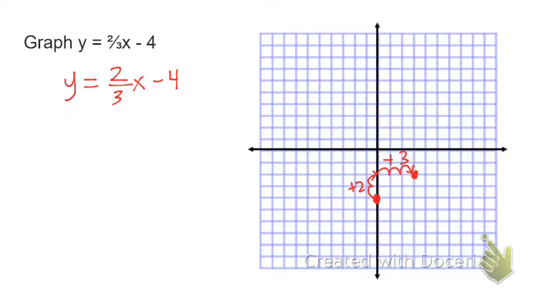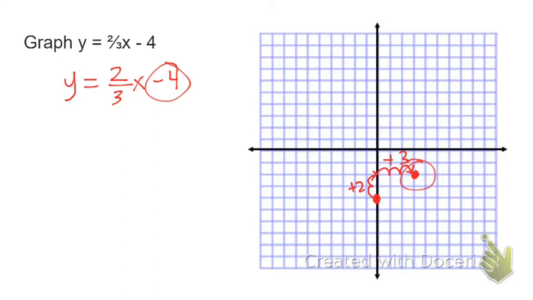All right, so you began by looking at your b value, which is -4, your y-intercept at -4, which is right there. And then for your next point, you're going to use your slope, which is 2/3. You can create a slope triangle, if you will, and go up 2 and over 3, and that's how you get this second point right there.